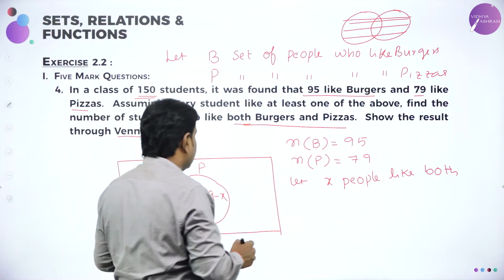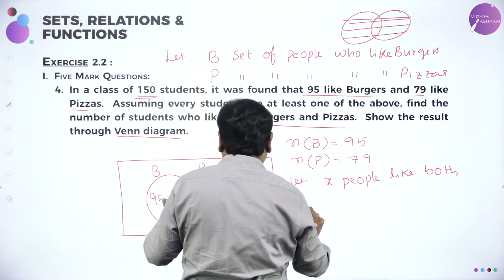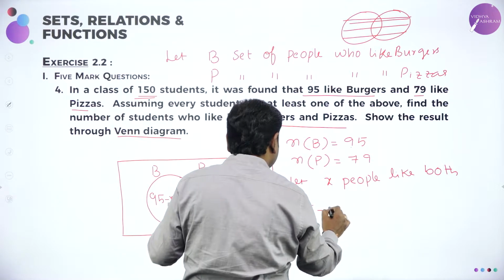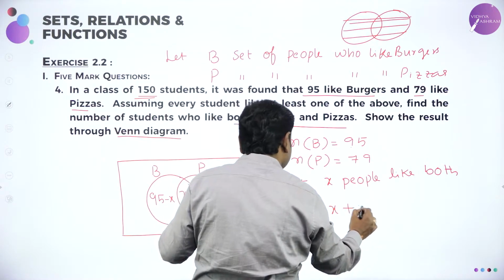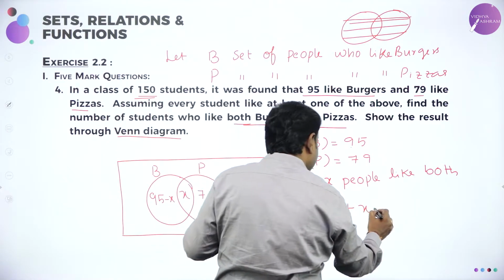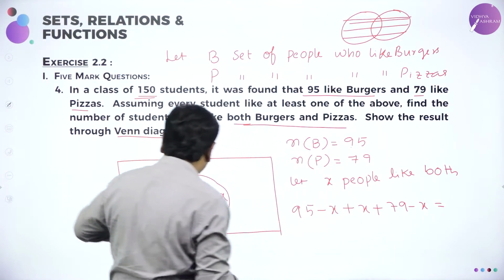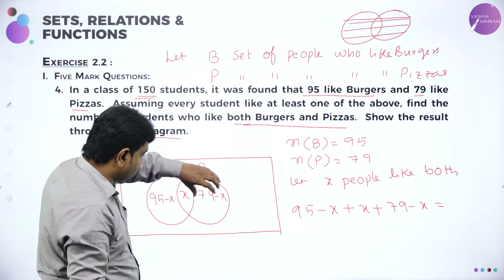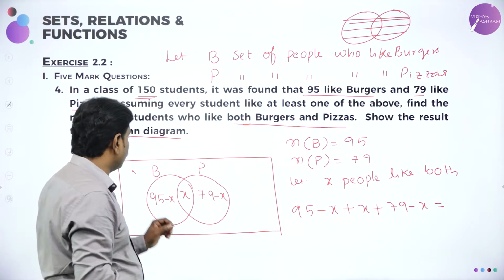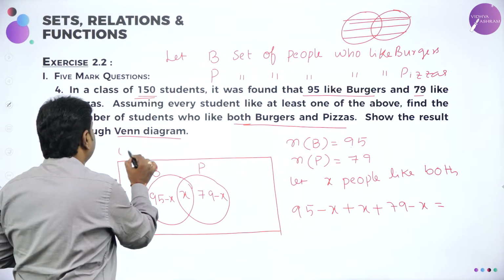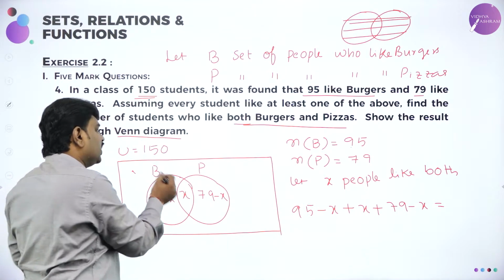I can add this. So now 150, so 95 minus X plus X plus 79 minus X, sum of all gives you what? Total number of people. What is the total number of people? 150.